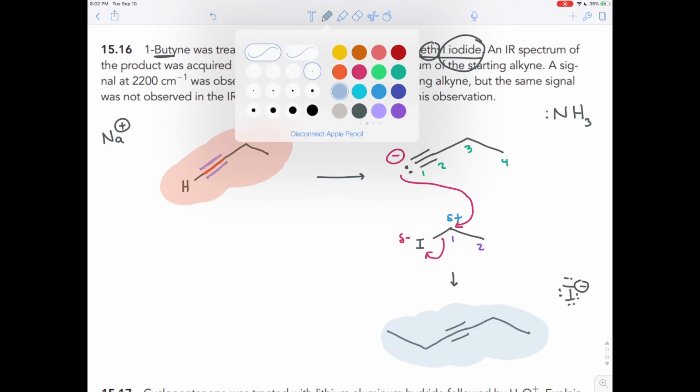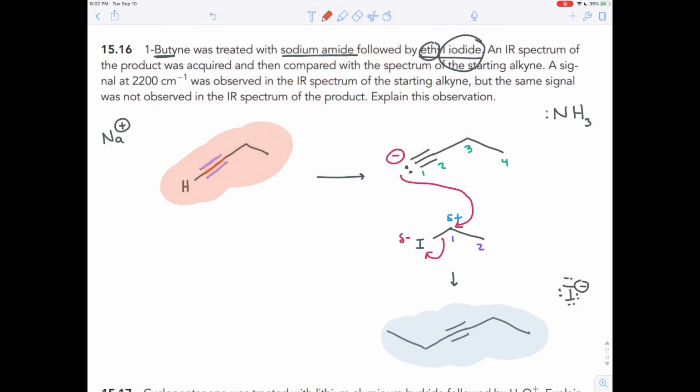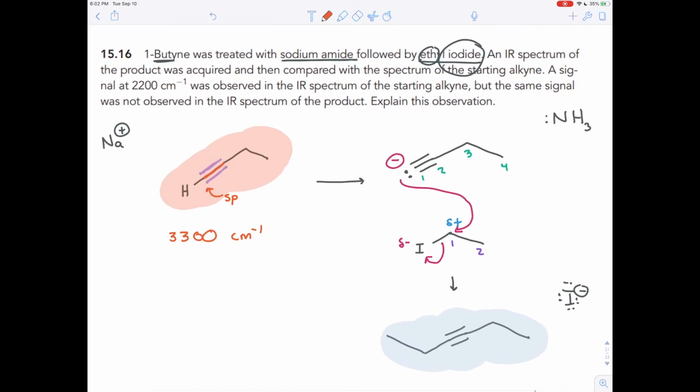So how would these differ in IR spectroscopy? Well, one thing, this has an sp hybridized carbon with a bond to a hydrogen, and that has a signal at 3300 wave numbers. If you look back at that table that we used in the last few problems, that's one of the 9 shadows that you want to remember.